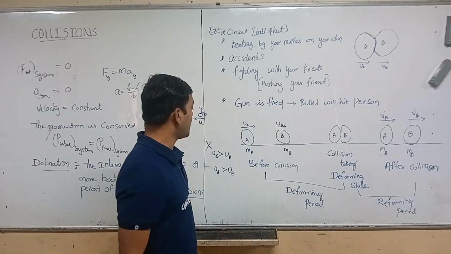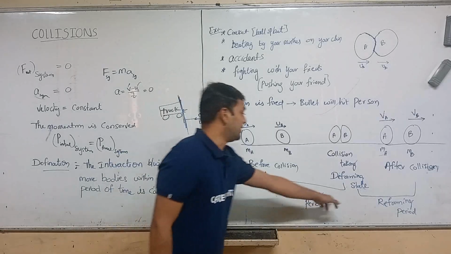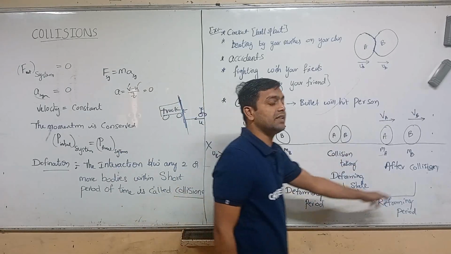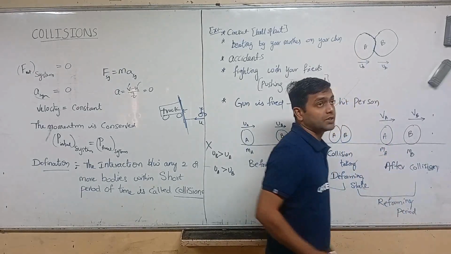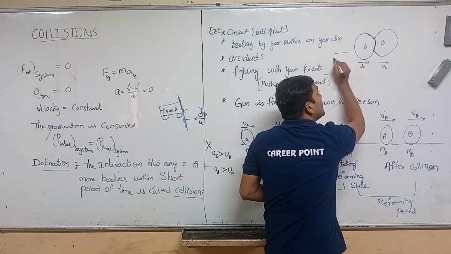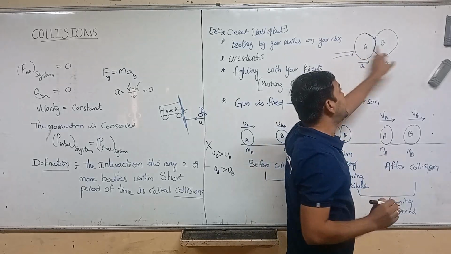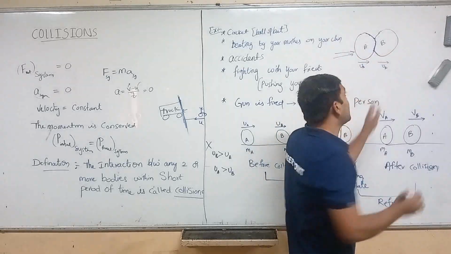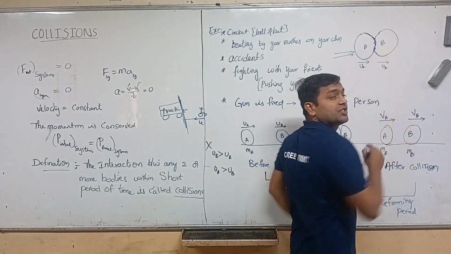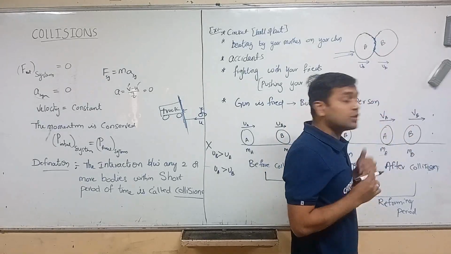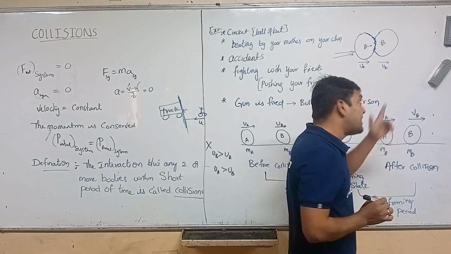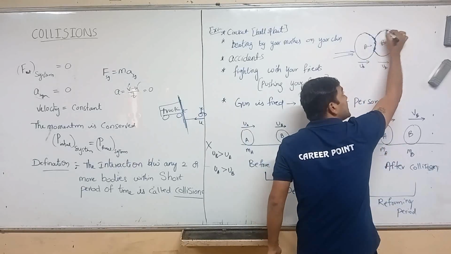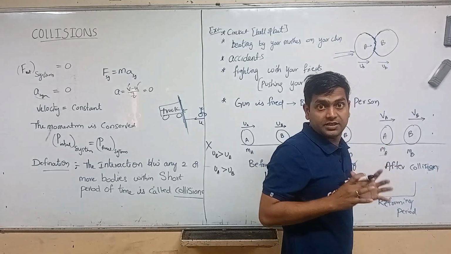Okay, so what happened here? This is the deforming period, and after collision that will be the reforming period. So let us take here: when this object is coming with certain velocity and hitting object B, a small change in the shape will take place. Here we are giving certain velocity. This object is also having some velocity, right?